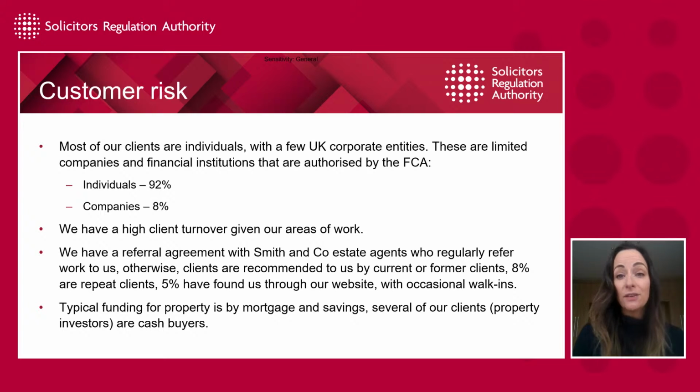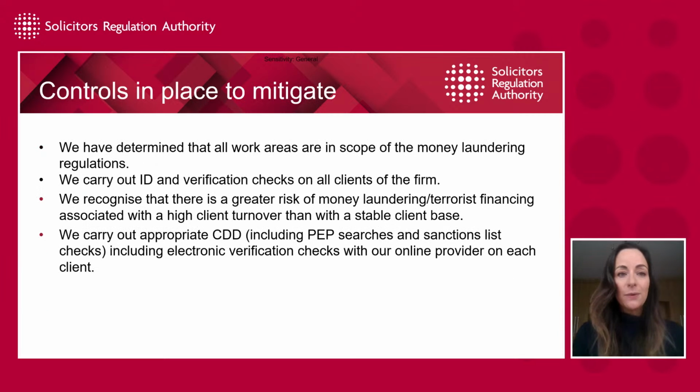And it's also good to consider how clients are referred to your firm and how you get your work essentially. So it's important then to set out what controls you have in place based on the risk that you've identified. I have added some information in this slide based on the example that we just mentioned. So this firm here has determined that all work they do is in scope, and they carry out identification and verification on all of their clients as a result.